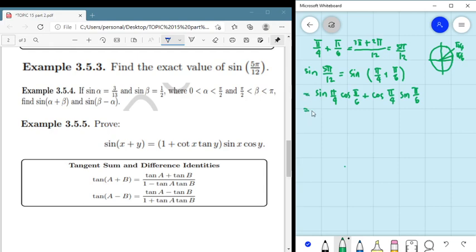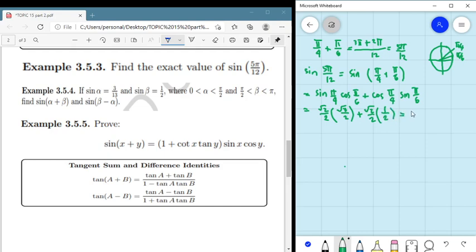Replacing the values, sine of pi over 4 is square root of 2 over 2, cosine of pi over 6 is square root of 3 over 2, plus cosine of pi over 4 is square root of 2 over 2, then sine of pi over 6 is 1/2.